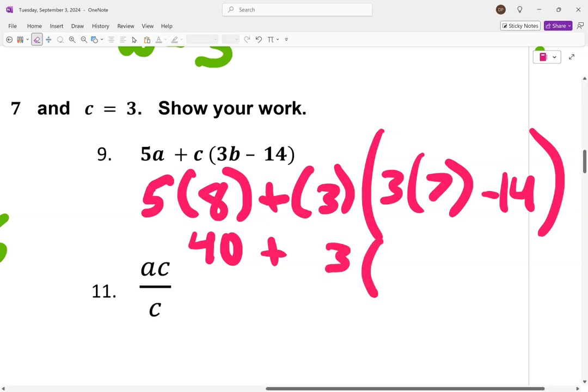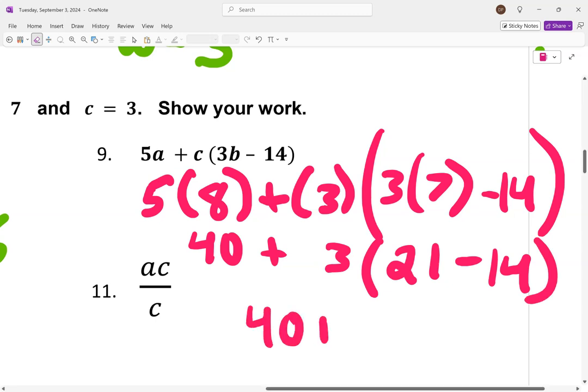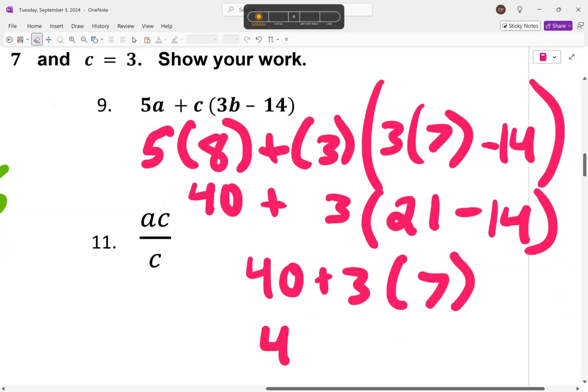So we're going to go inside here first. So 7 times 3 is 21 minus 14. Okay, good. So I'm writing out each step. I'm not just writing the answer and doing it in my head.